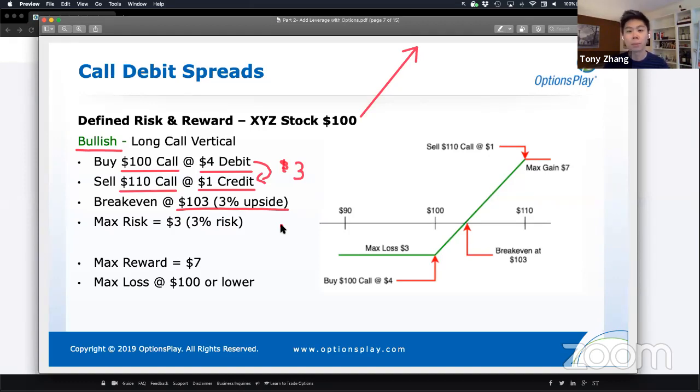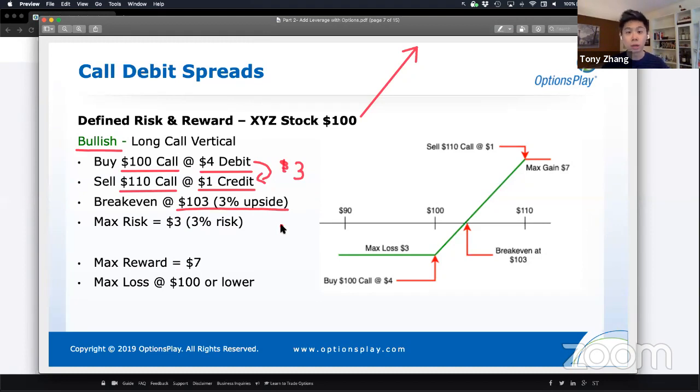You have a higher probability of the stock being above your 103 level. You're risking less money, only $3 a share, which means you also have to put up less capital to get into the trade. And what you can do with that is say, well, now I can trade more contracts because it costs less per contract. So there are various ways that you can utilize this strategy to your advantage.